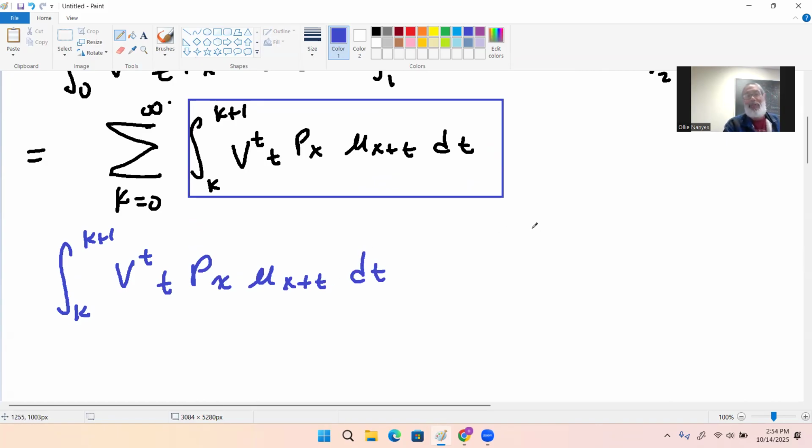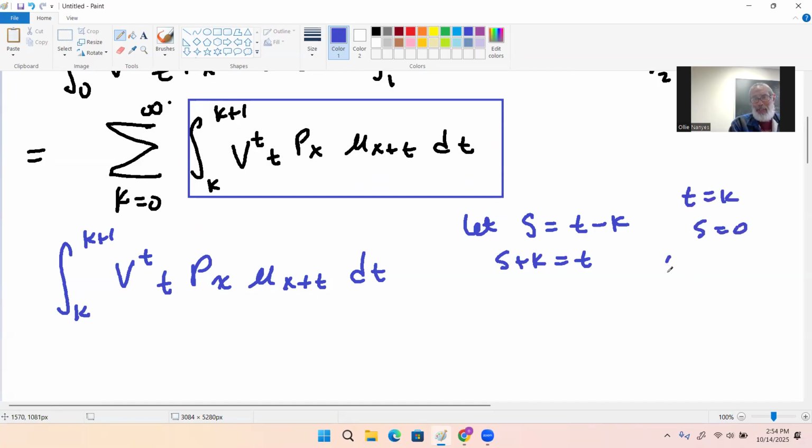So I'm going to do a substitution: I'm going to let s equal t minus k, that is s plus k is equal to t. So when t is k, s is 0, and when t equals k plus 1, s is 1. So this is now equal to the integral from 0 to 1.